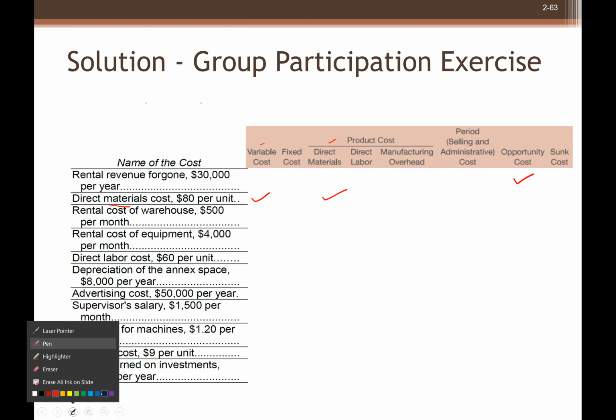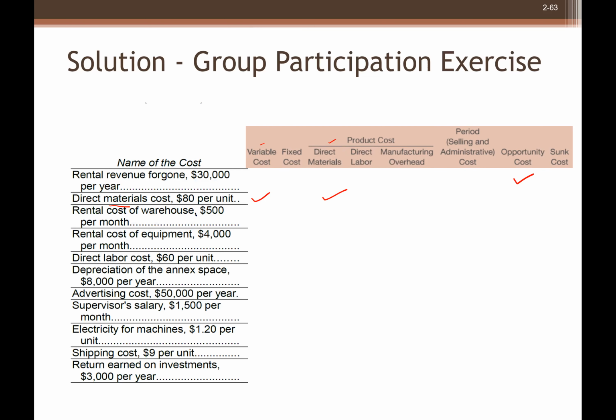And then we have rental cost of warehouse, 500 per month. So look at the categories. Group Jordan, what did you categorize this rental cost of warehouse as? I think we already sent it in the group, right?